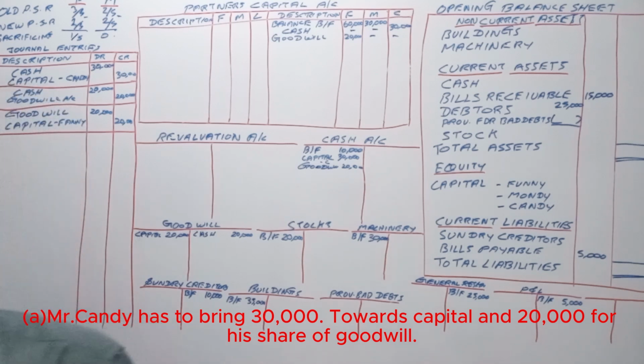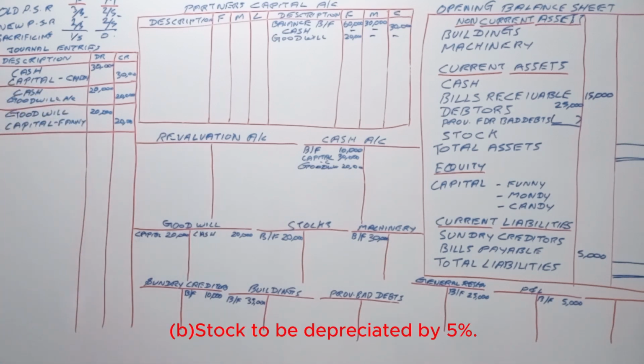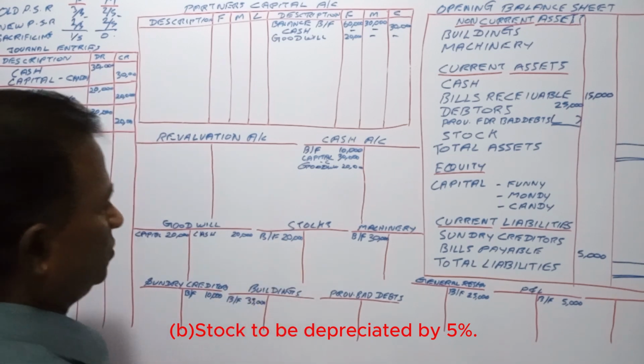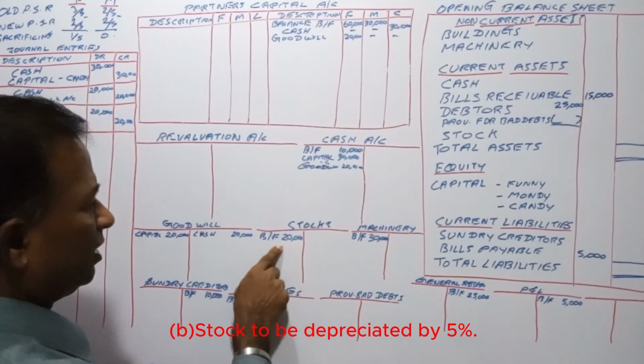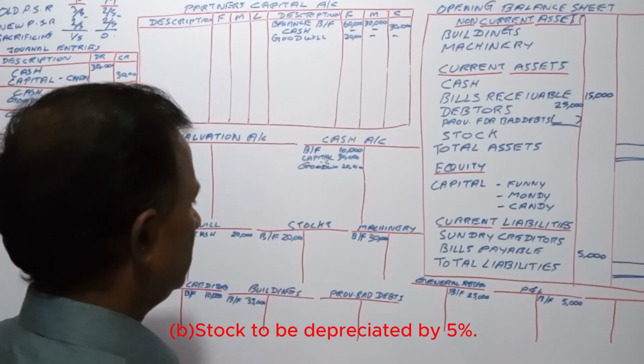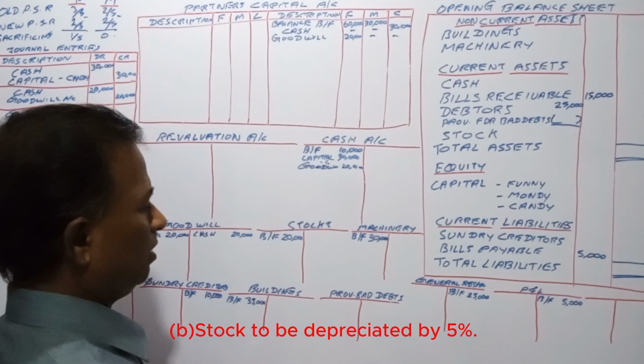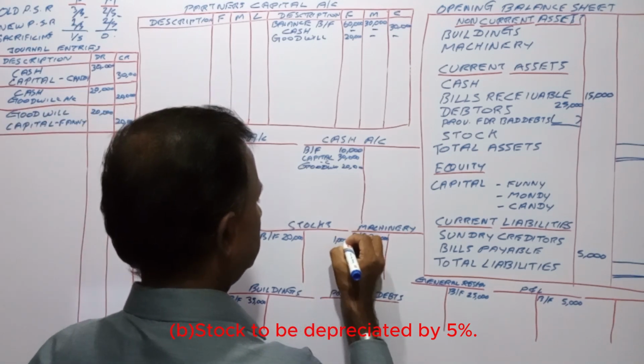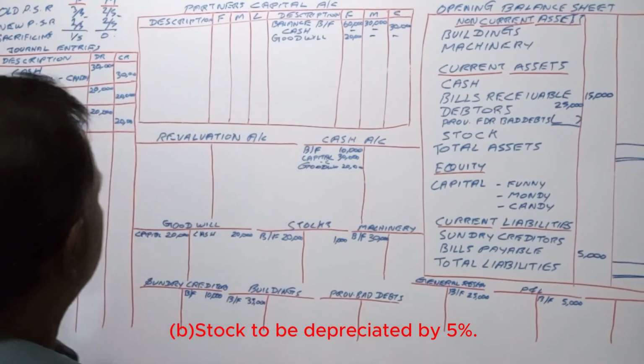Now the stock is to be depreciated by 5%. Stock is 20,000, so 5% means 1,000. The stock has to be decreased by 1,000.